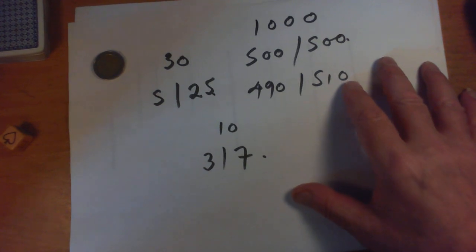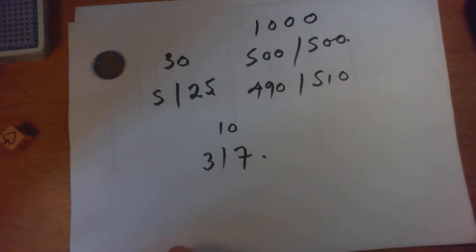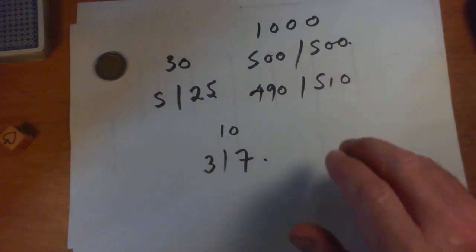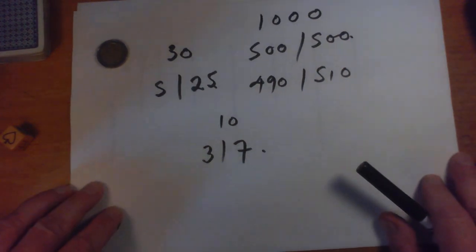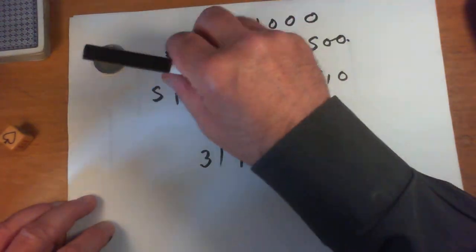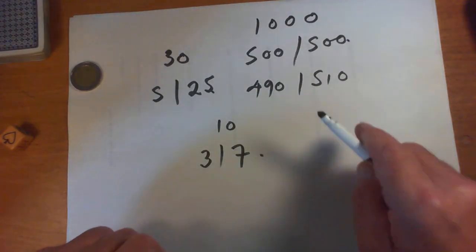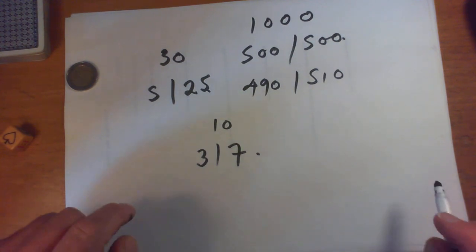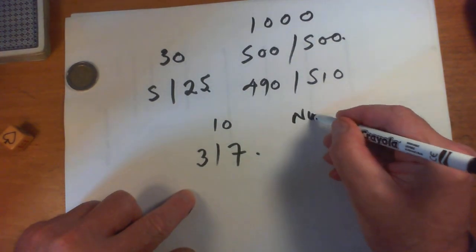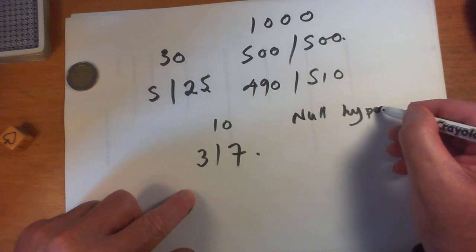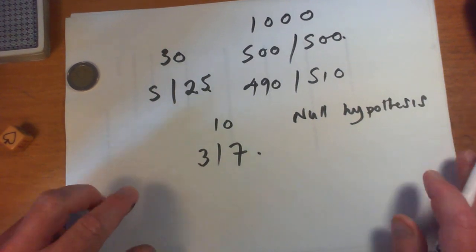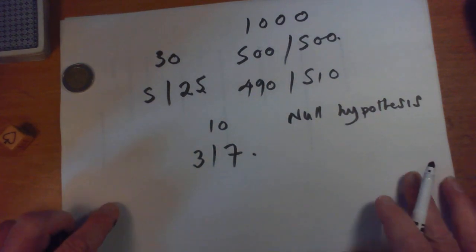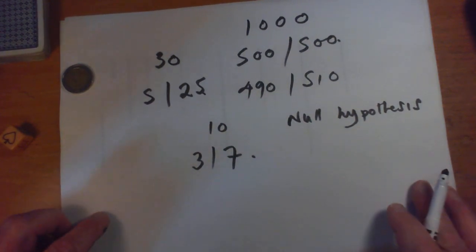In order for a sample to be representative of the population as a whole, it helps if the sample is quite large. And typically, going back to the coins again, if you had to test this, the formal way would be to set up a null hypothesis, which is a nice neutral hypothesis, saying, okay, this coin is quite fair.